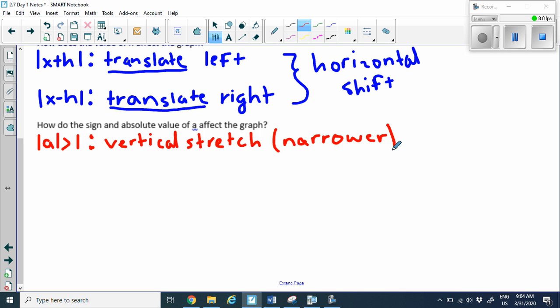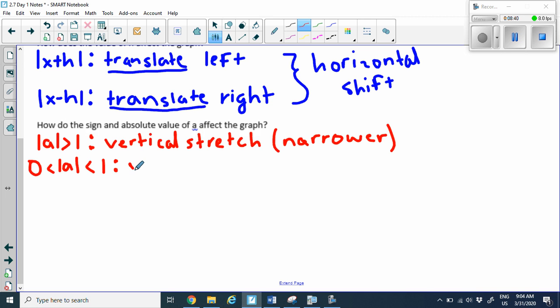But if our absolute value of A is in between 0 and 1, and basically we want to take the absolute value of that A value, because the negative only affects it when it opens up or down. The A value really tells us if it's becoming narrower or wider.